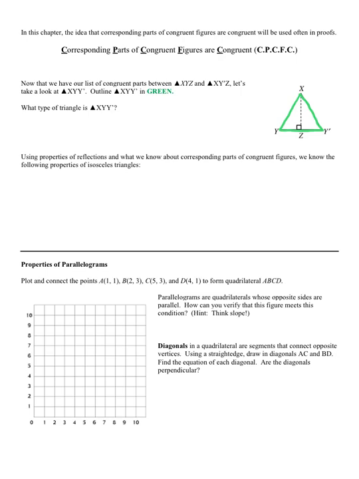Well, remember, we talked about different pairs of congruent corresponding parts. And one pair of congruent corresponding parts was segment XY and segment XY prime. Because those two sides are congruent, we can say that triangle XYY prime is isosceles.